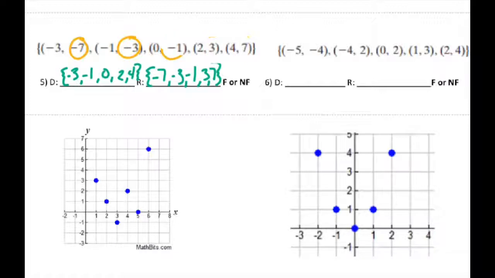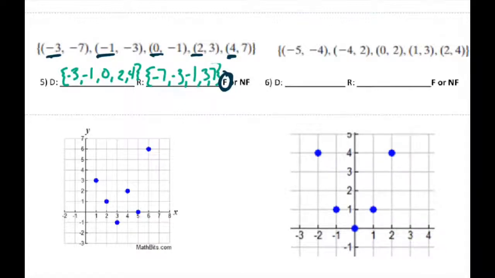So easy. Domain is x, and range is y. Last question, we're checking function or not a function. In this one here, all of these x values are different numbers, so we're good. It's faithful. This is a function.